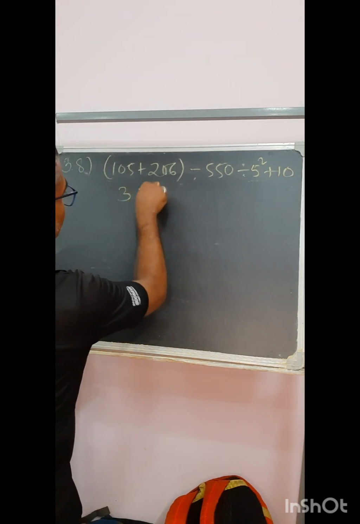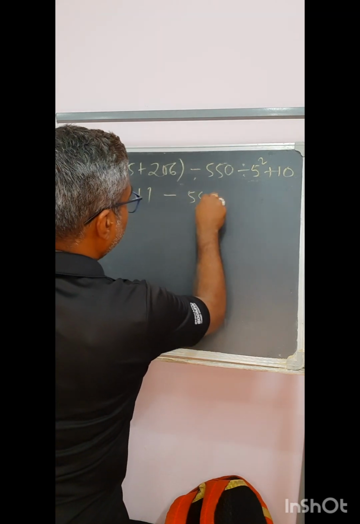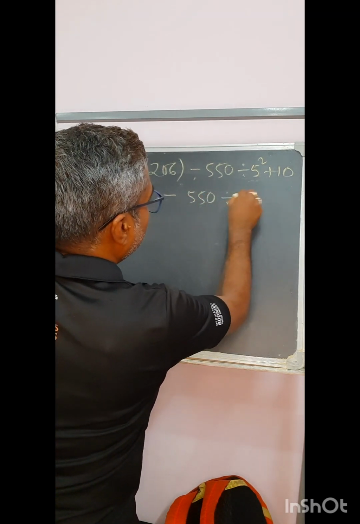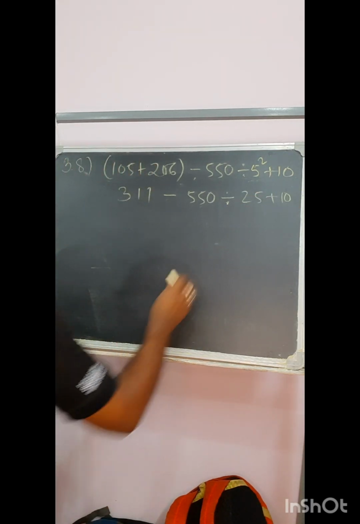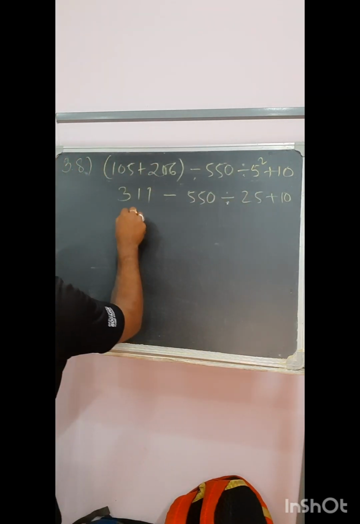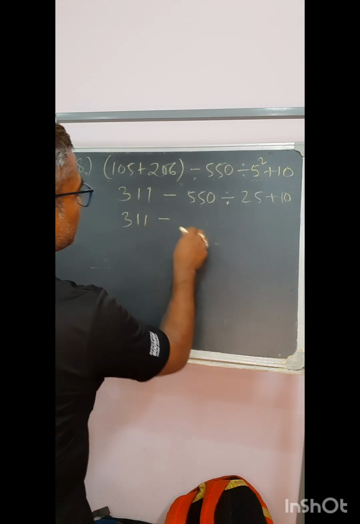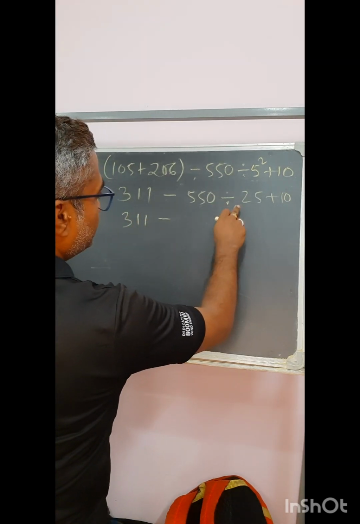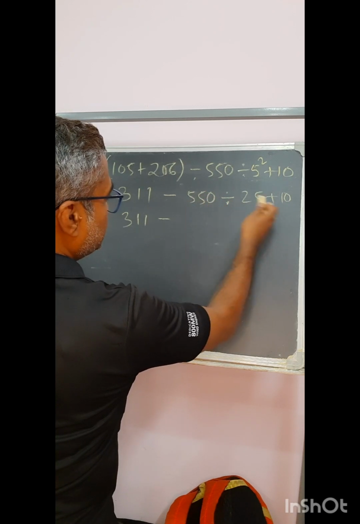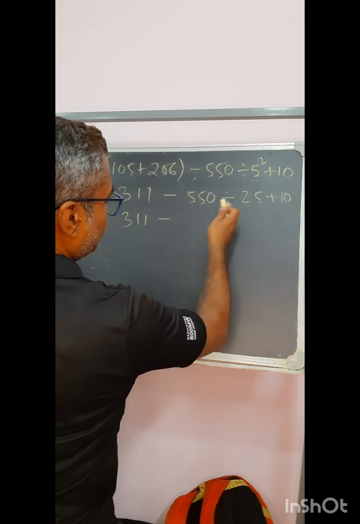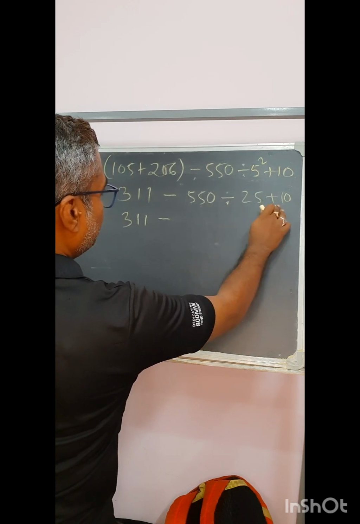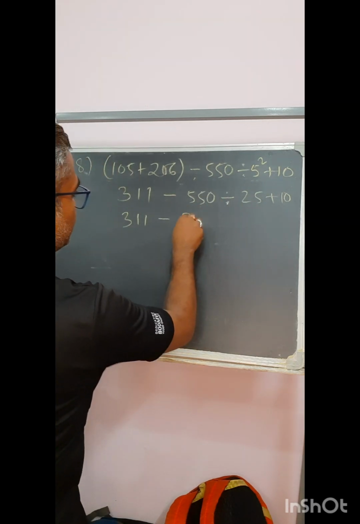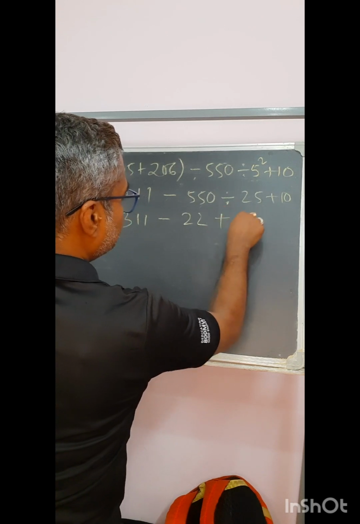This will give you 311 minus 550, and I will write it like that. So the expression will be simplified further. 5 square means 25. Now the next function that I will compute is division, because in BODMAS after bracket and multiplication, there is no of, then division comes, and division is before plus or minus. So the division result will be 22 plus.